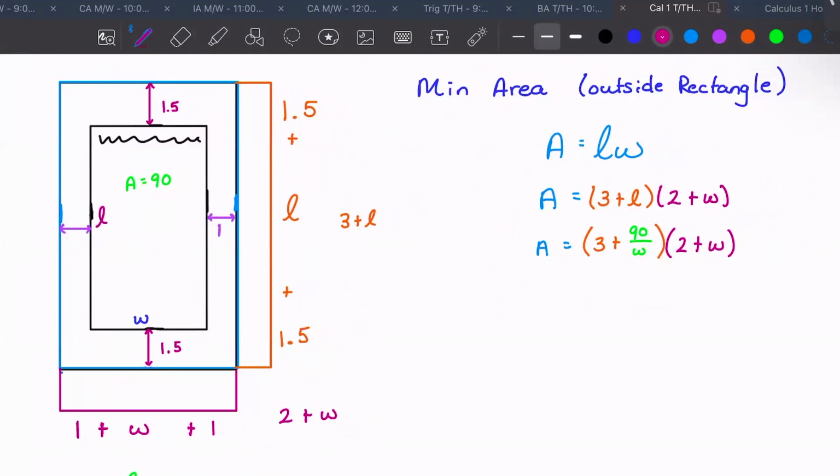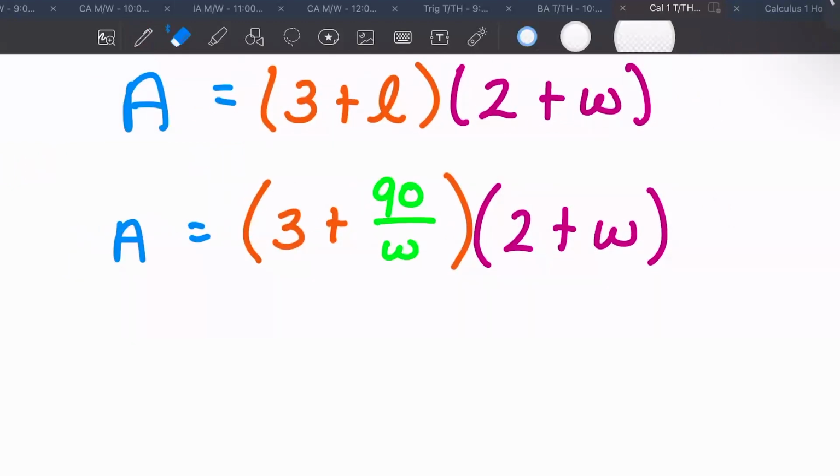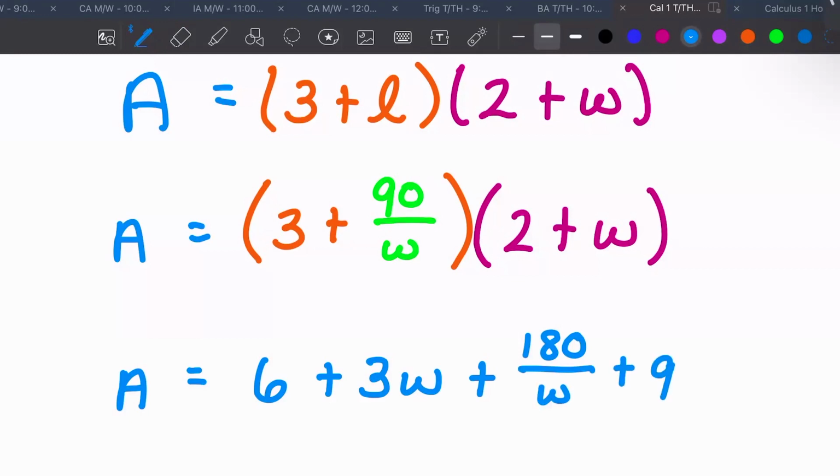Everybody okay so far with what we've done? Okay. So let's FOIL this guy. So that would give us 3 times 2 is 6 plus 3W plus 180 over W plus 90, right?